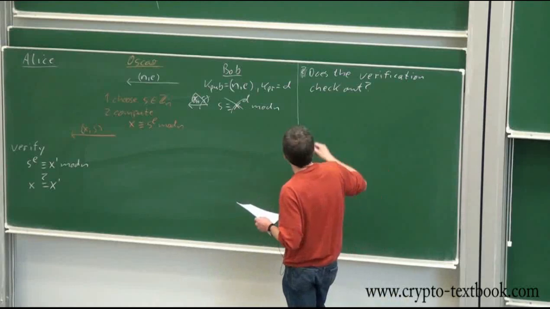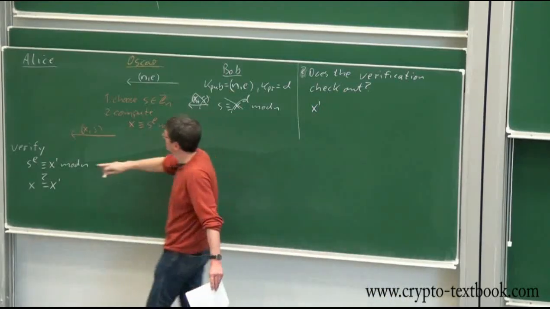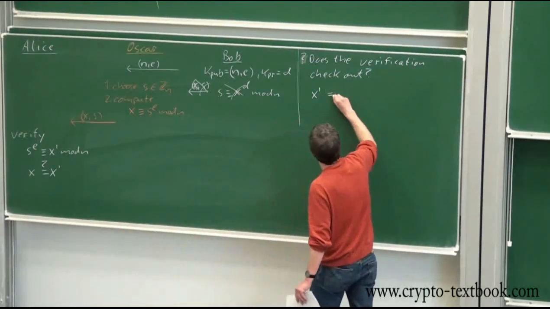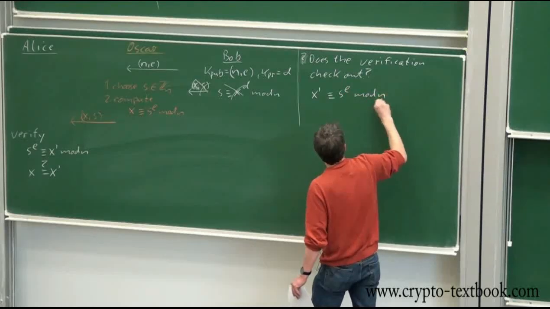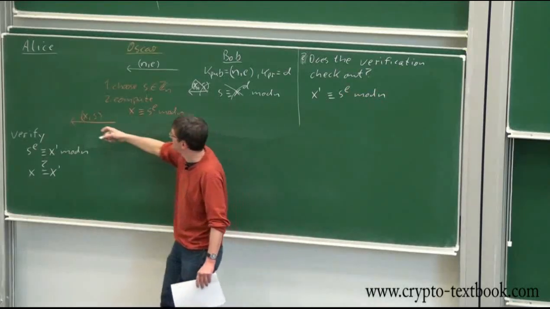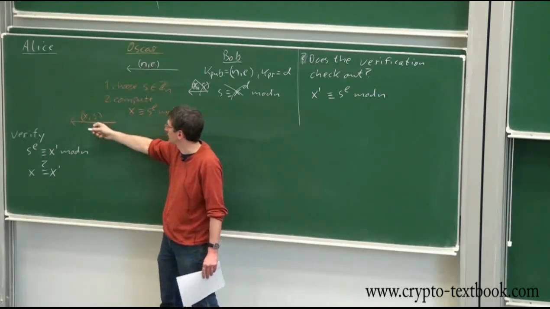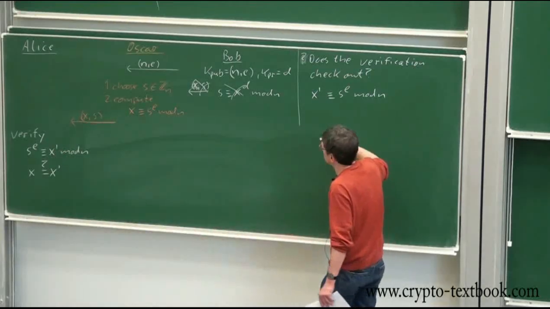The problem is x prime, which Alice computes here, is computed by taking this s, coming actually from Bob, raising it to the eth power, and Alice gets x prime out.